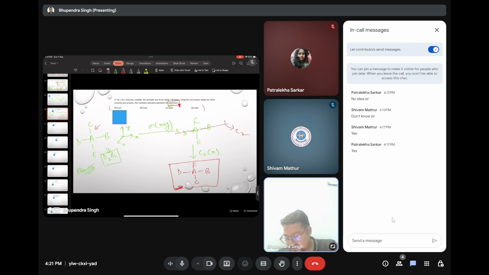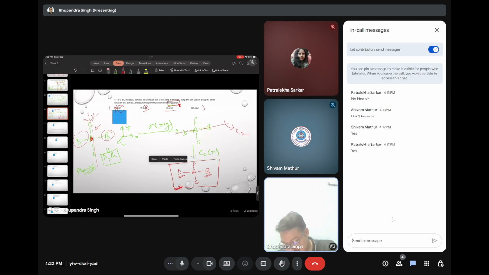See, CZ along the Z direction: if you rotate this molecule, all the atoms except this A will change position. So this is not the answer. CY, so CY is this. If you rotate about it, these will change their position, so this is not the answer because D and B remain the same. Sigma YZ, this will be the plane.